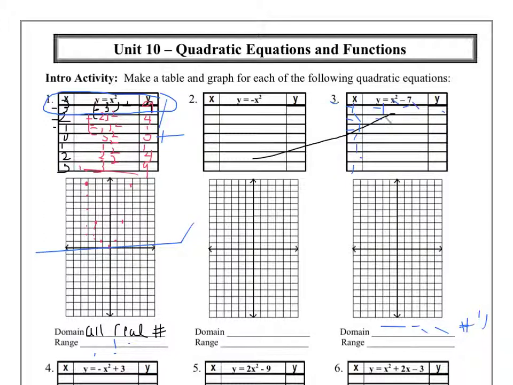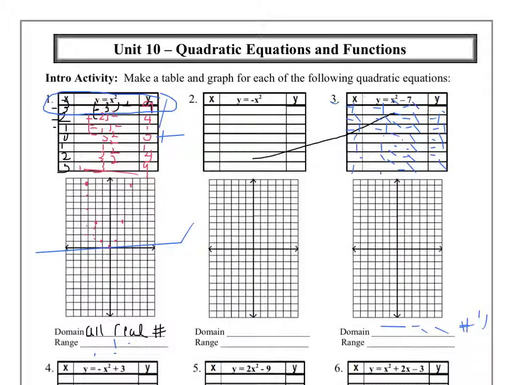Next one, plugging in -2. -2 squared minus 7 is -3. -1 squared minus 7 is -6. 0 squared minus 7 is -7. 1 squared minus 7 is negative 6. And 2 squared minus 7, negative 3. 3 squared minus 7 is 2.